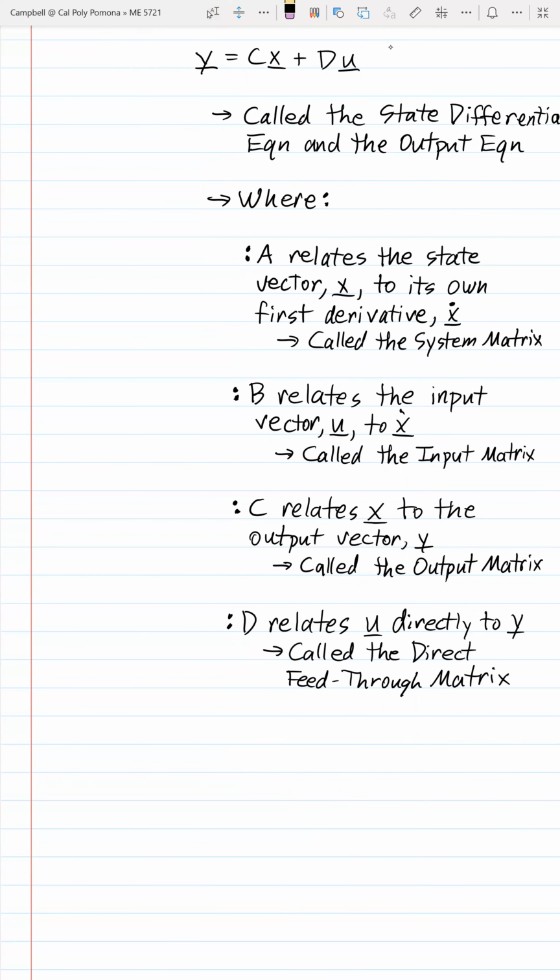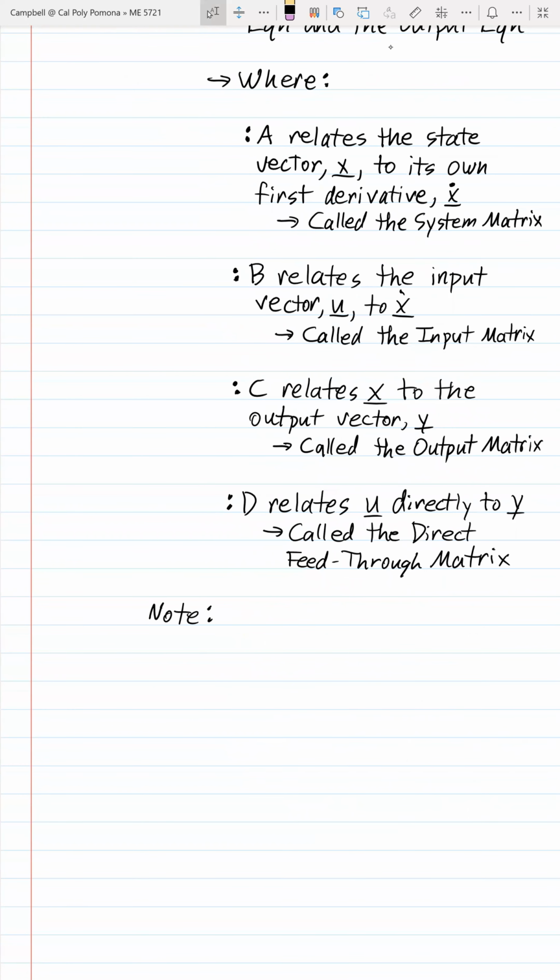So here I want to make a couple notes. Even though we have some flexibility in defining the states, let's actually start with the set of states.